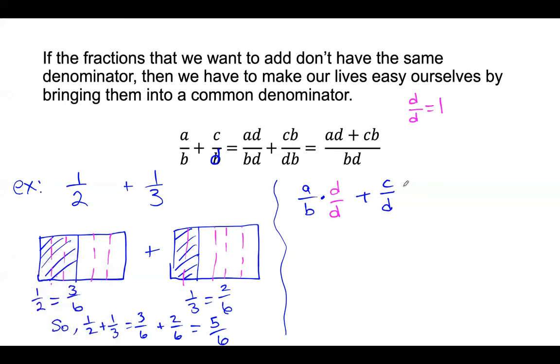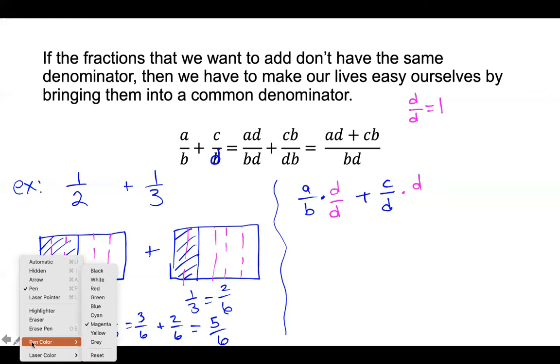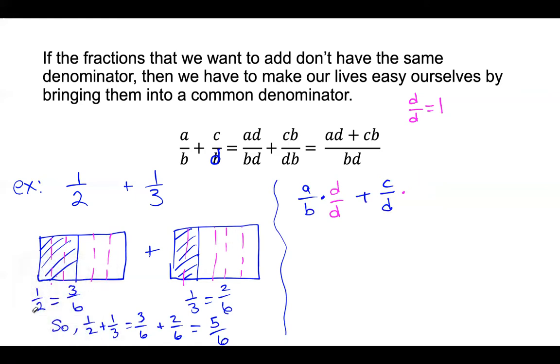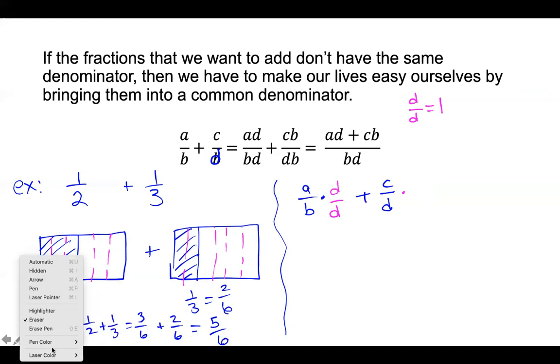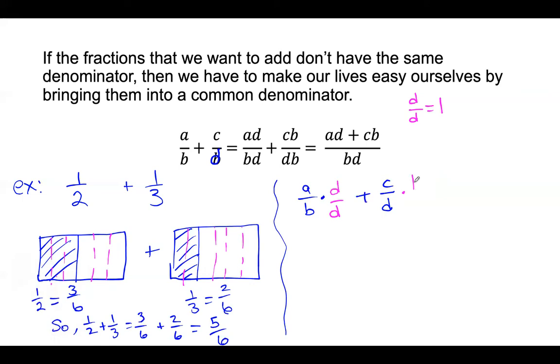So we're going to multiply it times b over b, because why again? b over b is equal to 1. So we can take a number and multiply it by 1, and you get that number again. That's that property of x times 1 is x. So it's the same number. Okay.